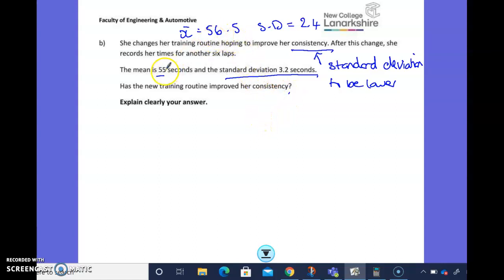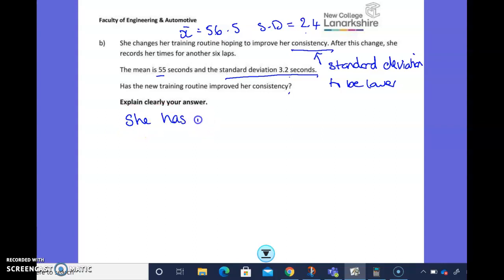If we have a look at the mean, it's gone from 56.5 to 55, so she has reduced her time for her laps, her average time for the laps. But that doesn't tell us anything about consistency. For consistency, we want to look at standard deviation. Standard deviation has gone from 2.4 to 3.2, so she has not improved her consistency.